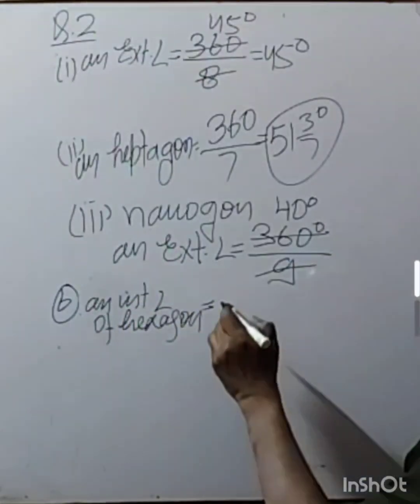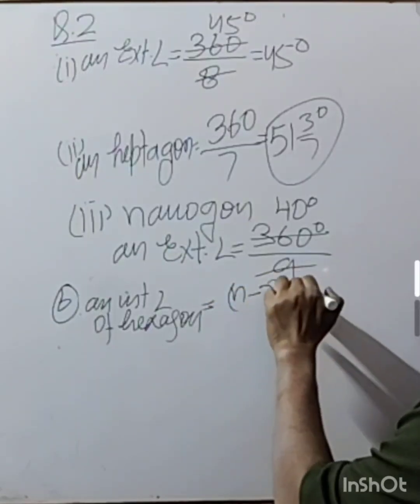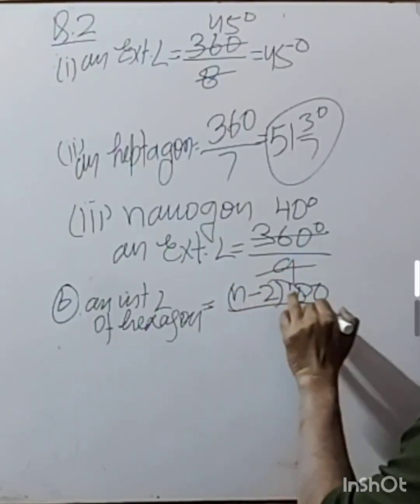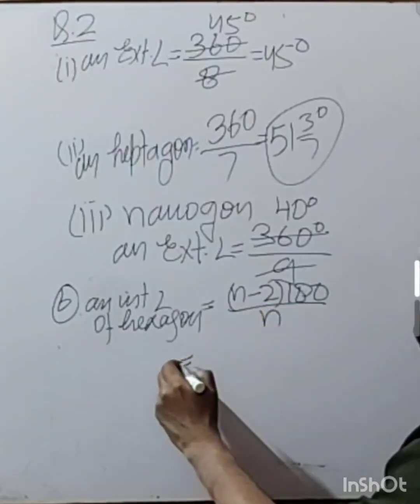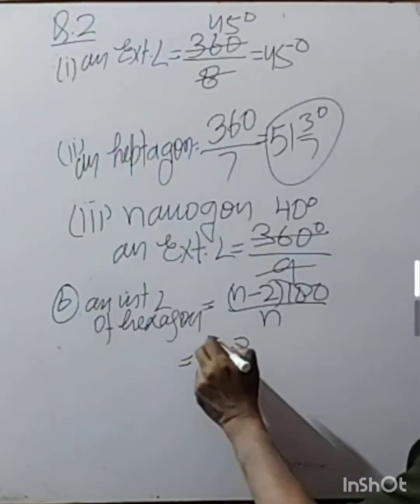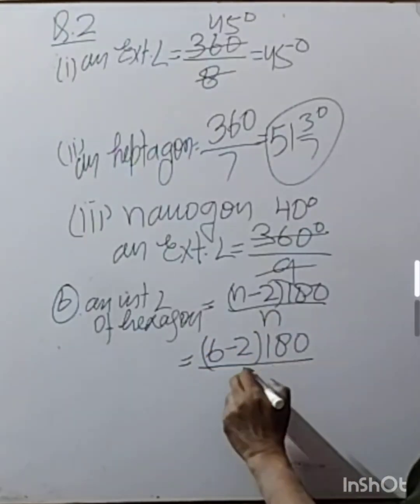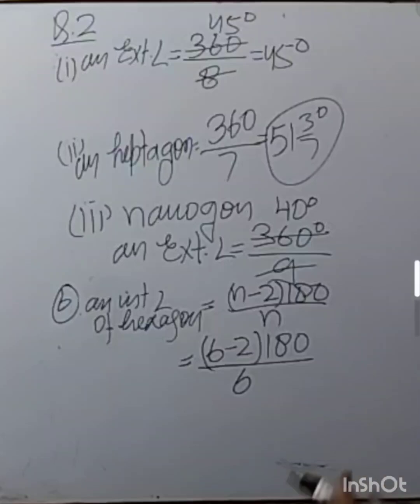Right? So we can write (n minus 2) into 180 upon n. So it is (6 minus 2) into 180 degree upon 6. Right?